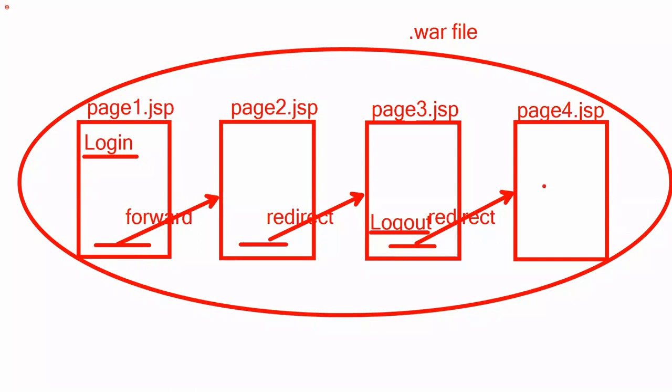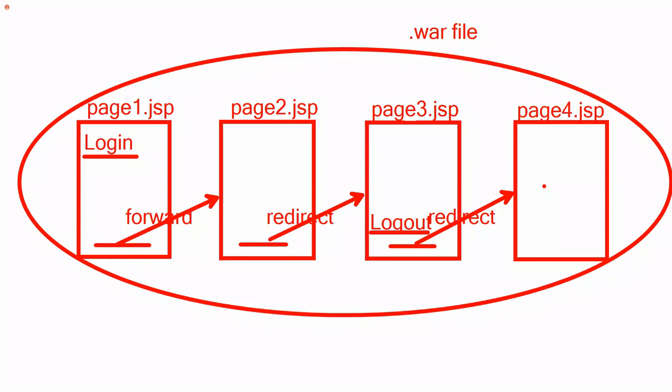Now, book1. In how many pages can we access book1? 1 page. That is page1.jsp only. Book2, in how many pages can we access? 2 pages. What are those? Page1.jsp, page2.jsp. Book3, how many pages? 3 pages.